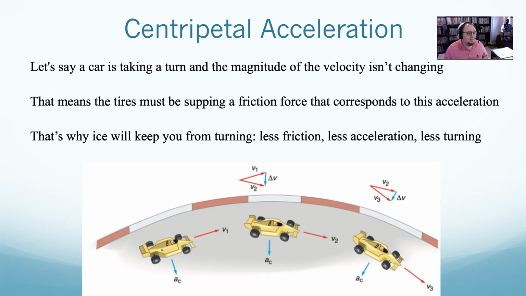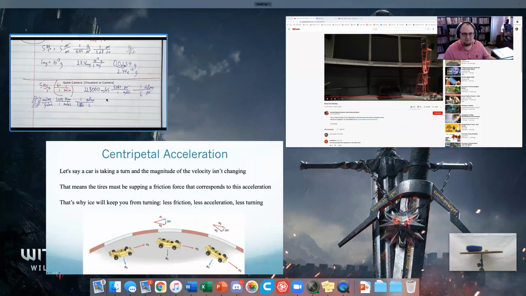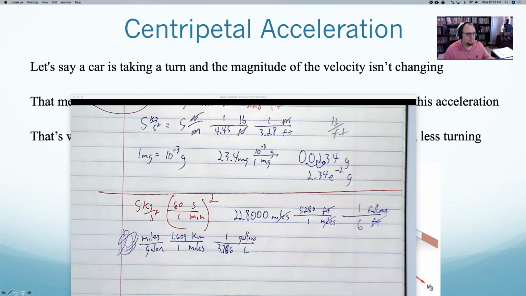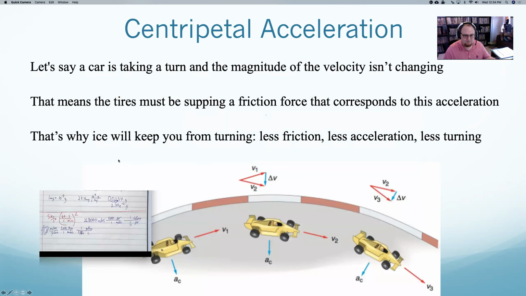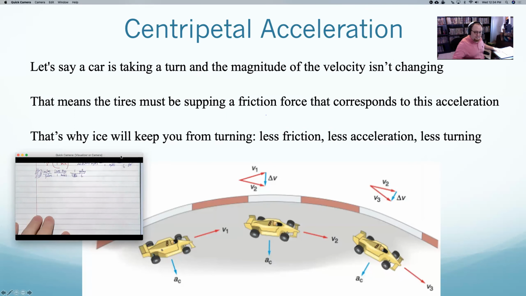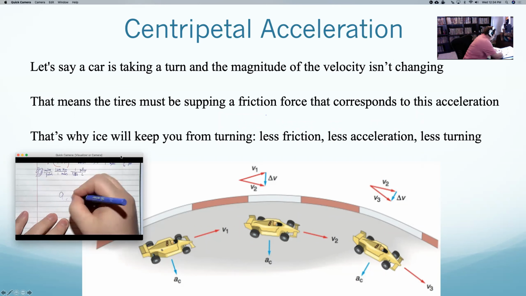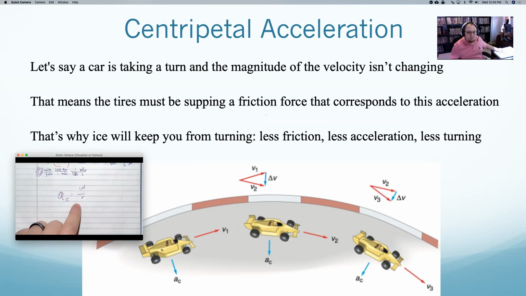That's because the acceleration is velocity squared over radius. Wow, that's really good typewriting. That was impressively bad handwriting. And so if you're going super fast, you might go more than the car can take.